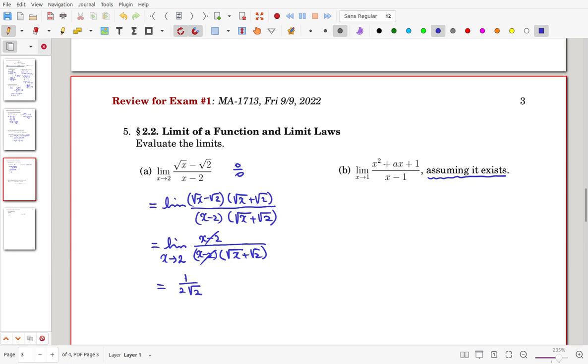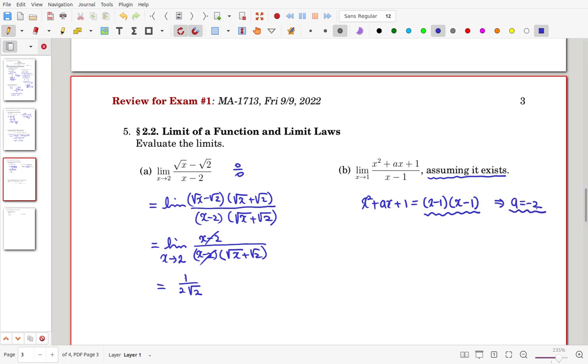That means that x squared plus ax plus 1 should have x minus 1 as a factor. Then because the constant is 1, the only choice is another x minus 1, so that if it is expanded, the constant part becomes 1. So from this you can easily see that a is minus 2.